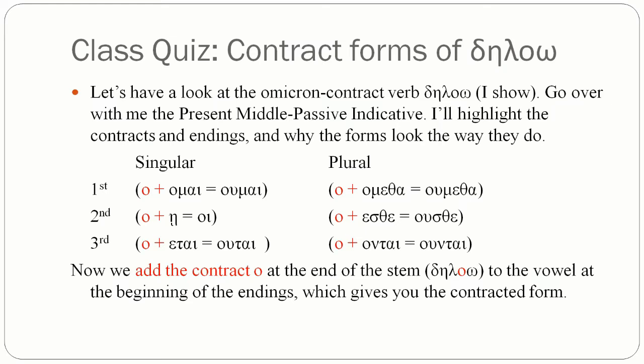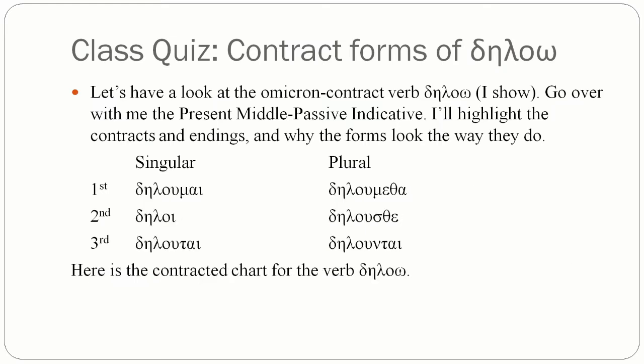And you can go through the rest of them and look at those. Now, let's put all of this information together, the endings plus the contraction plus the stem of delao, which gives you this, the fully contracted chart for the verb delao. Delumai, deloi, delutai, plurals delumetha, delusthe, deluntai.